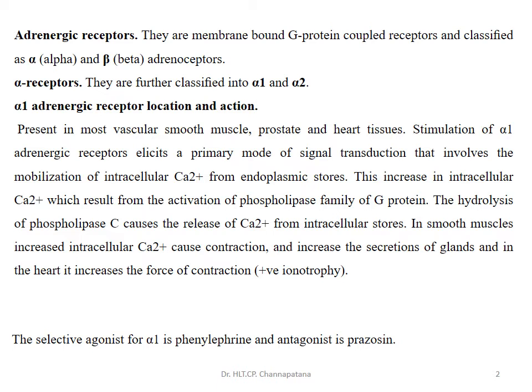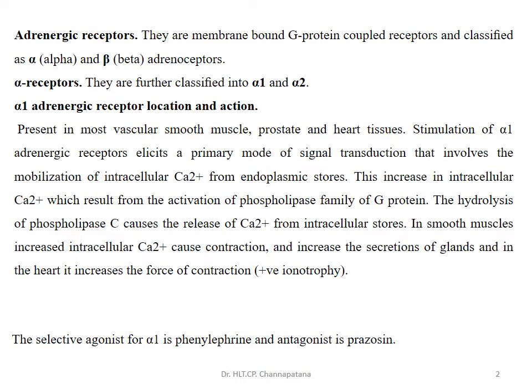These adrenoreceptors are classified into two types, that is alpha adrenoreceptors and beta adrenoreceptors. Alpha adrenoreceptors are further divided into two types, alpha 1 adrenoreceptors and alpha 2 adrenoreceptors.